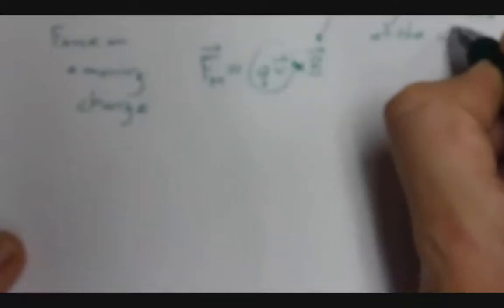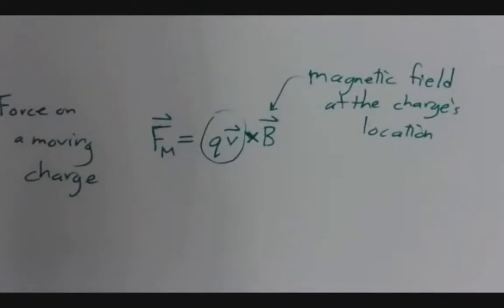And remember, whenever we're doing field thinking, we're thinking there's some source nearby that's giving rise to the B. But for right now, we're not going to concern ourselves with what the source is. We're just going to say there is this magnetic field strength and direction present. What effects will it have? How will I know if there is a magnetic field present? How will I know how strong it is? How will I know if it points east or north or south?